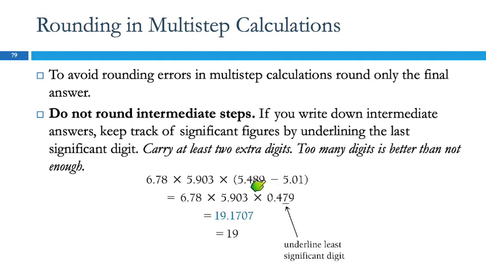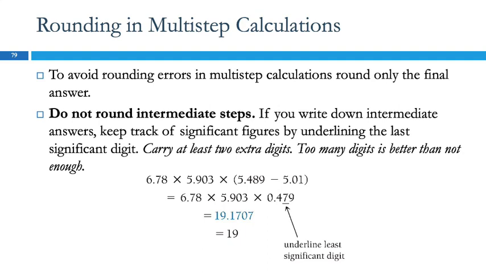So when we're subtracting here, the fewest decimal places is the 5.01. So the answer to that would be 0.479. That's what your calculator would tell you. I'm going to underline the second.